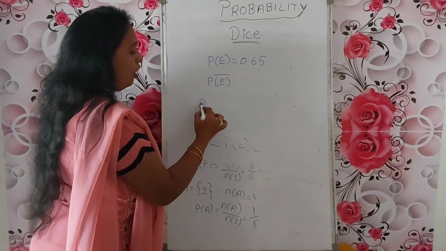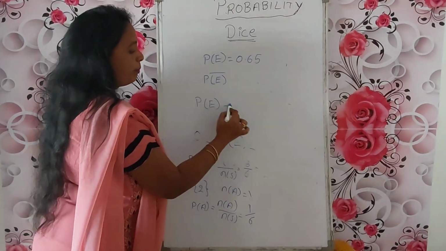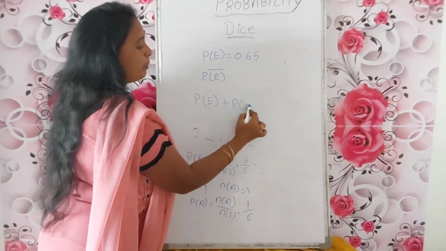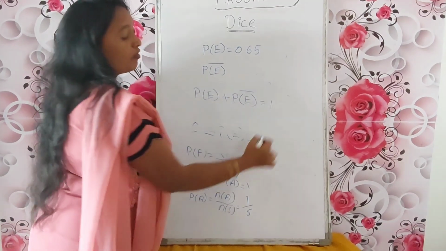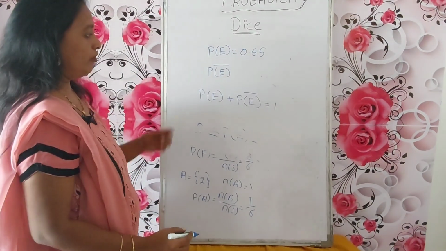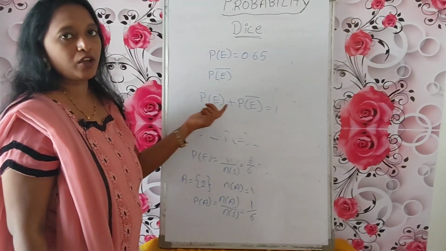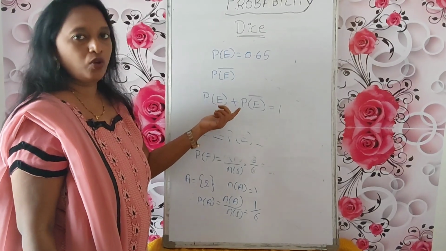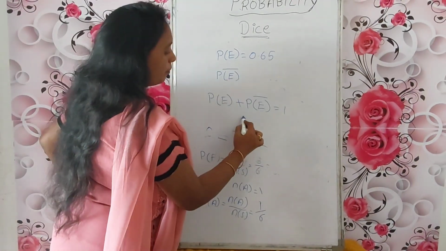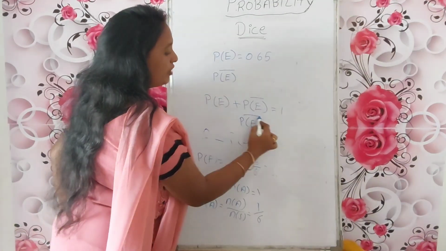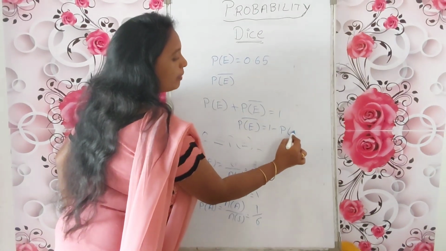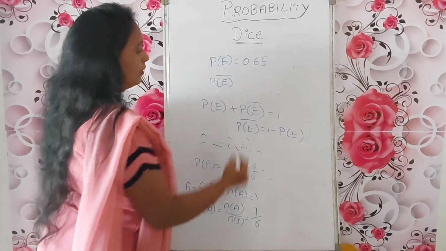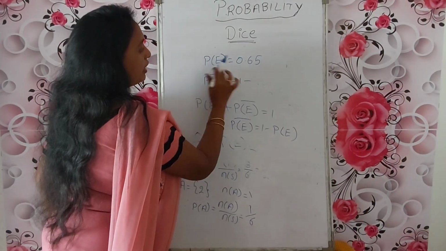Now, we all know the identity that P of E plus P of E bar is equal to 1. Then, from this equation P of E bar is equal to 1 minus P of E.